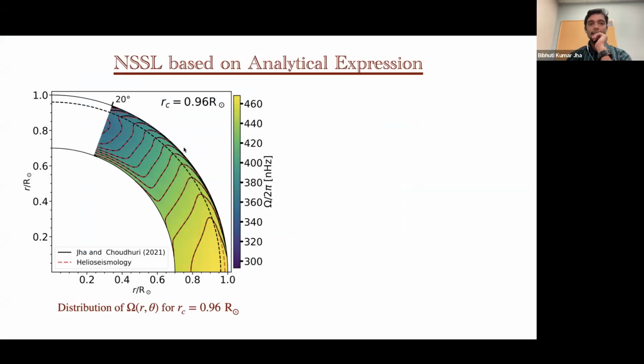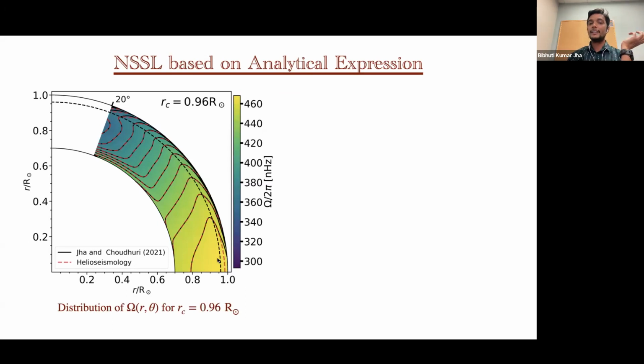Yeah. So in the mid latitude, even in the higher latitude, if you go, you see a small discrepancy. But here, what we think is that it is due to the submerged polar jet that we have mentioned. And we don't have a proper understanding of what is causing that.